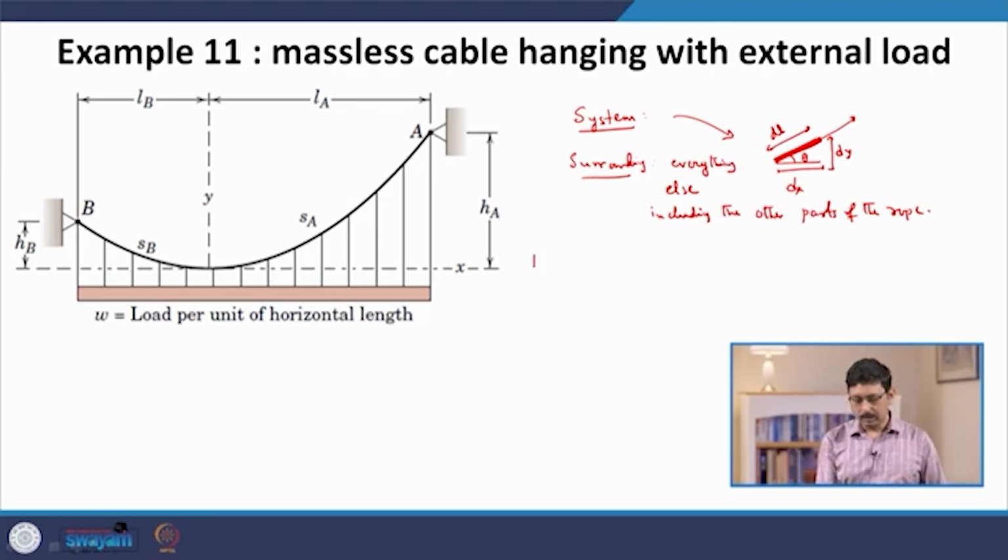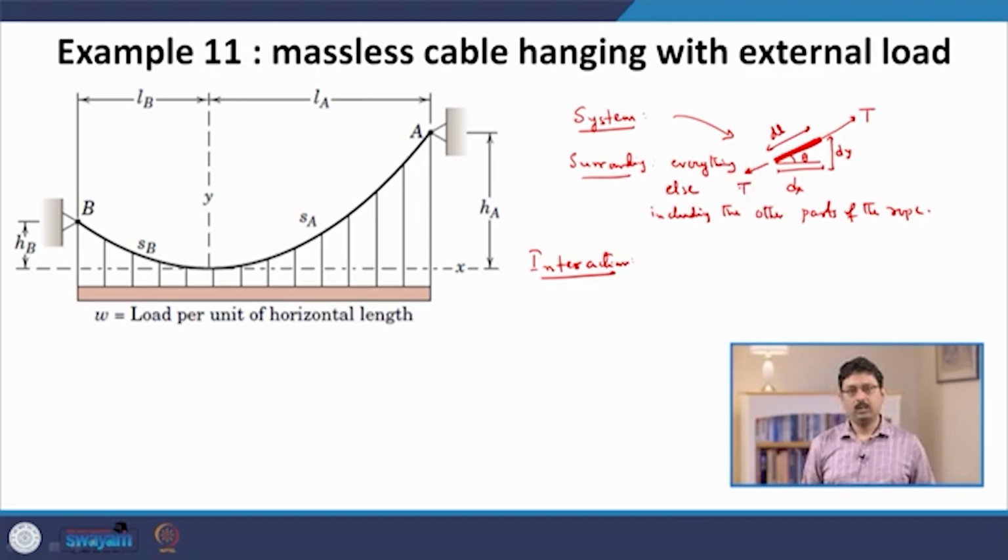Now, we look at the interactions. What are the forces? The system is interacting with the neighboring part of the rope. So, there is a tension force on this side, and it is also interacting through contact force with the neighboring part on the left side.